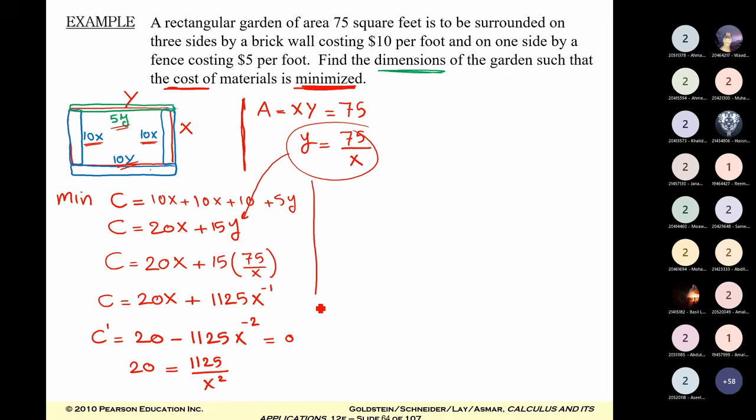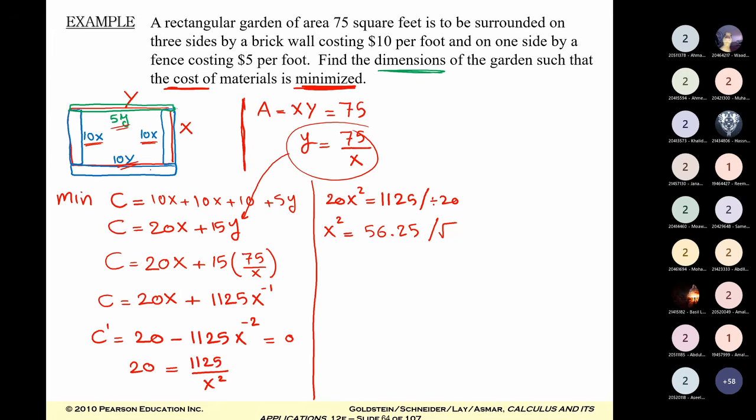Now 20x squared equals 1125. Divide by 20, we have x squared equals, by calculator, 1125 divided by 20, which is 56.25.